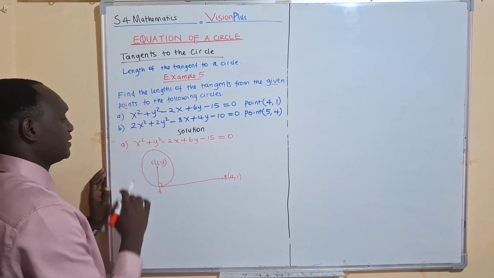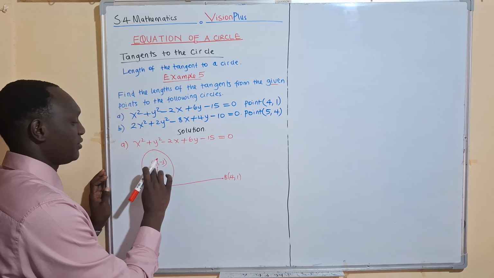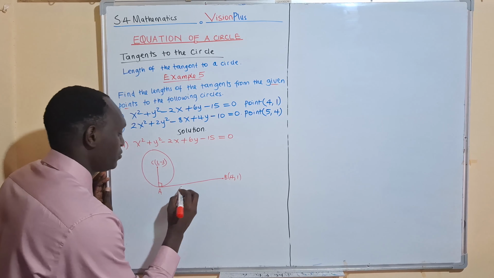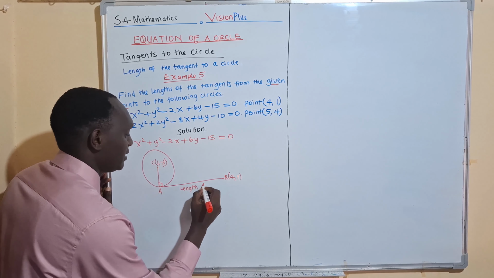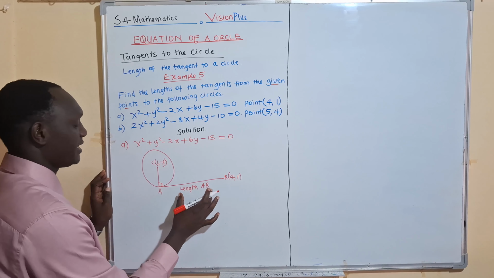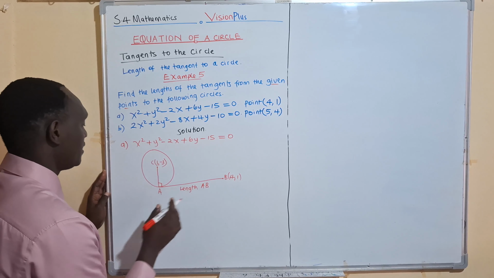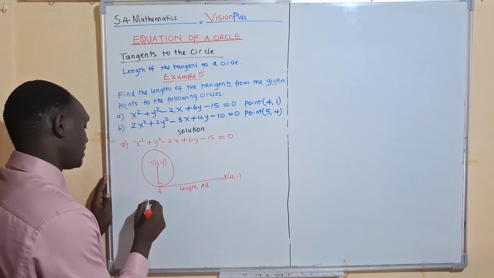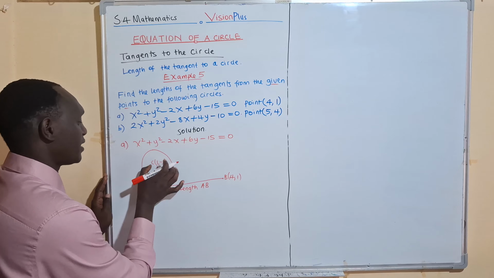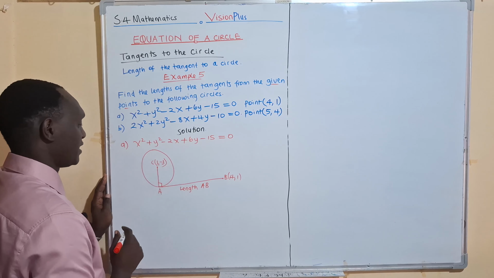After getting the coordinates of the center, we need the radius because it is important to find the length AB. It will help us in finding the length of the tangent AB. Since it is in the expanded form, the center is known as (1, -3).